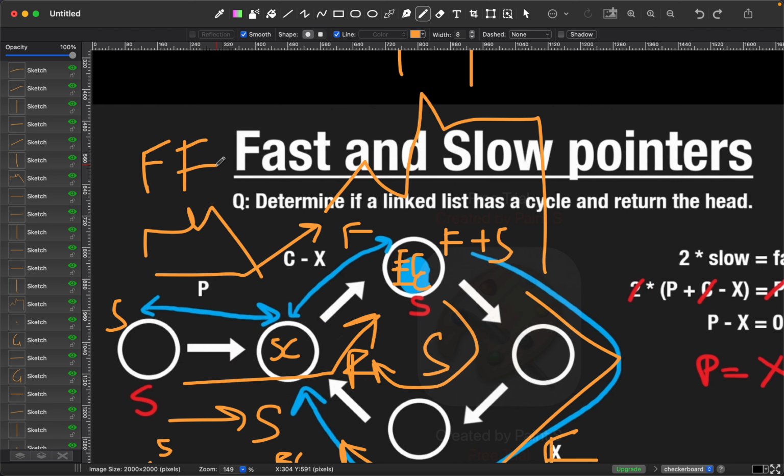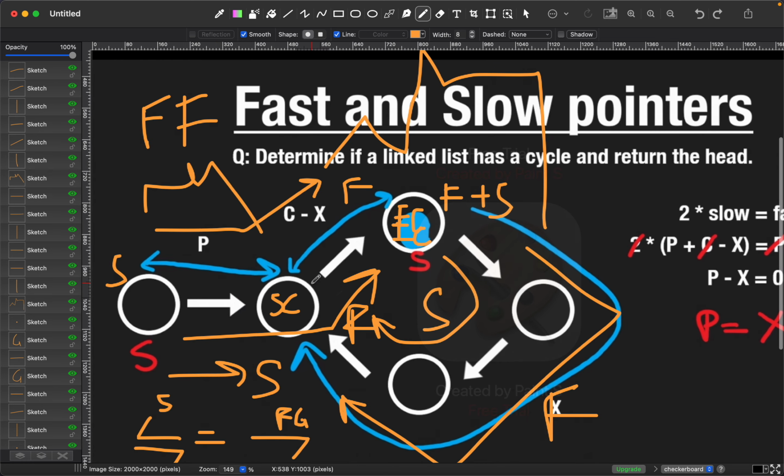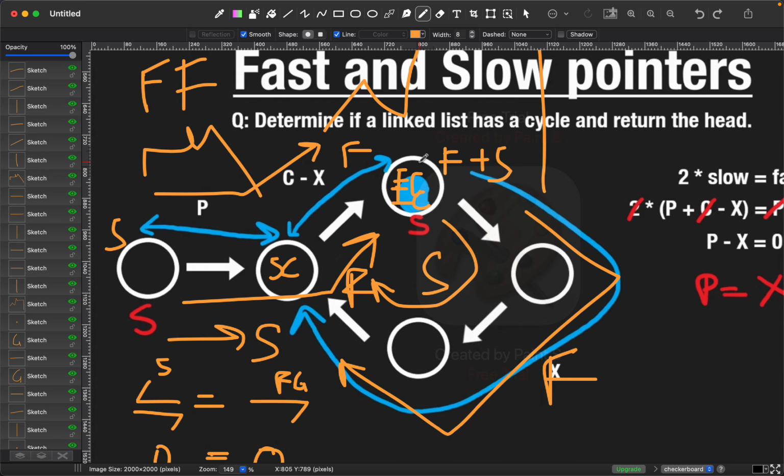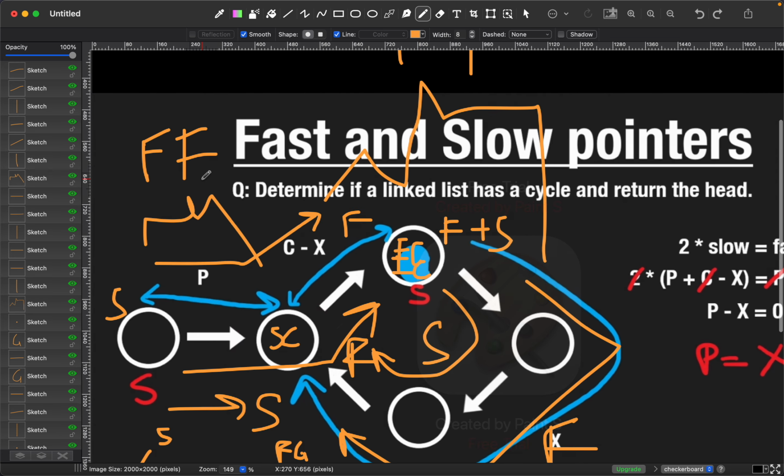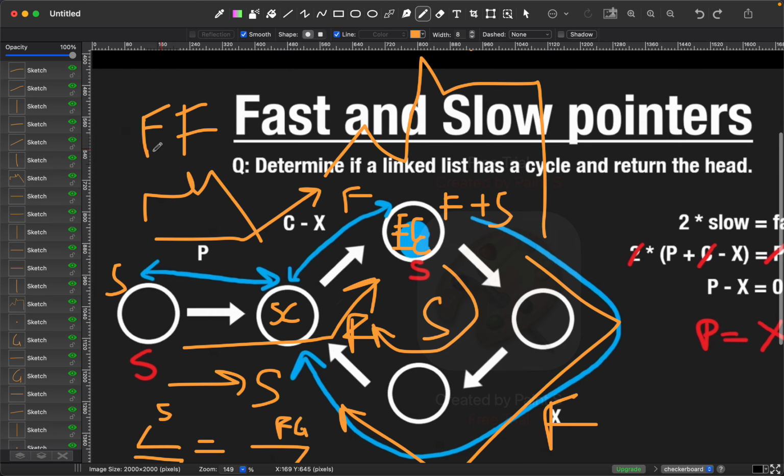F is producing a factor in it, so F factor is produced over here, enters into the cycle, and produces another F factor. And we narrow it down, F factor to become F gap.